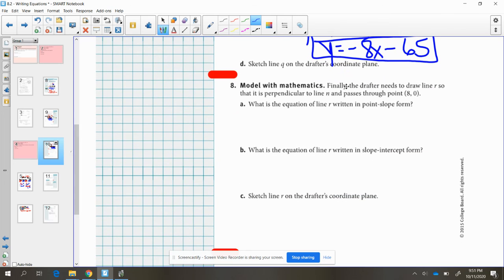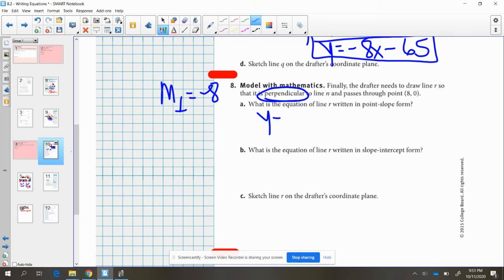All right, try this next example on your own. You should have gotten that again, if we are looking for perpendicular slope to our slope, we are again going to use that -8.